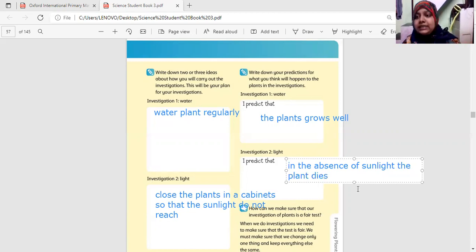It may not die instantly, but within a week it will die. So what we learned from this experiment is that sunlight and water are very important for the plant to grow. Moving on to the next part of this chapter.